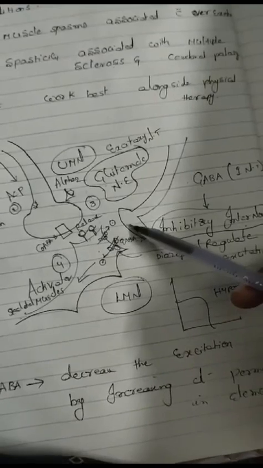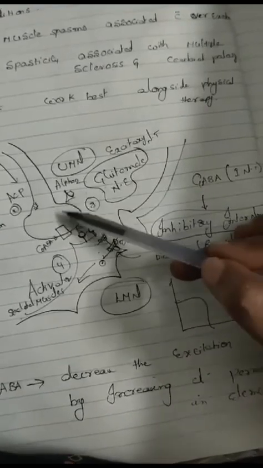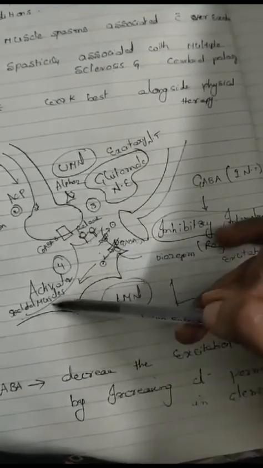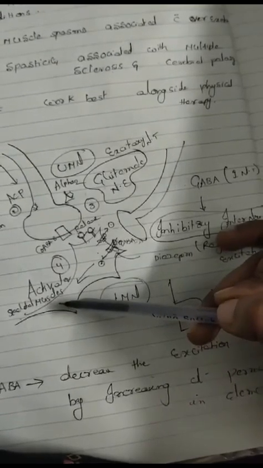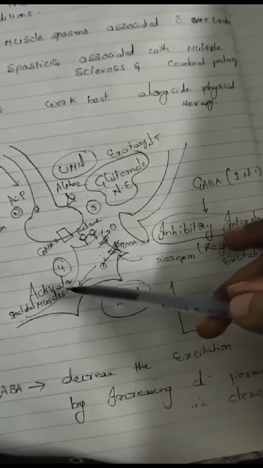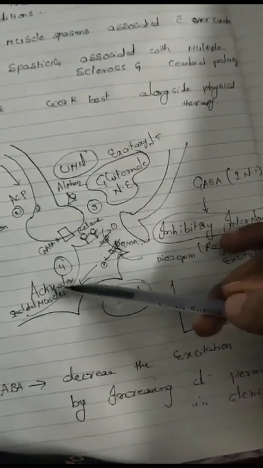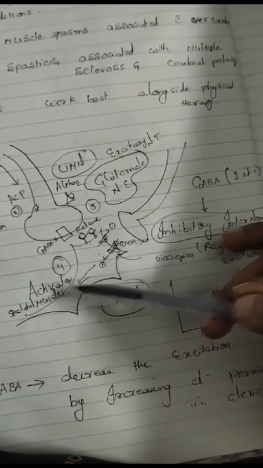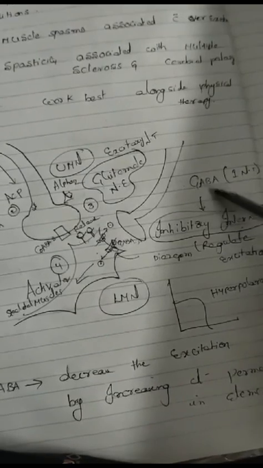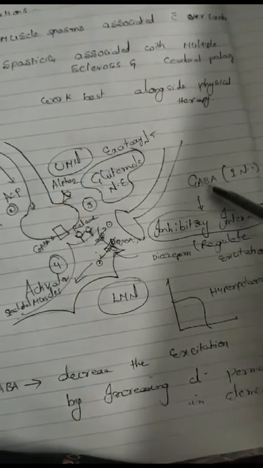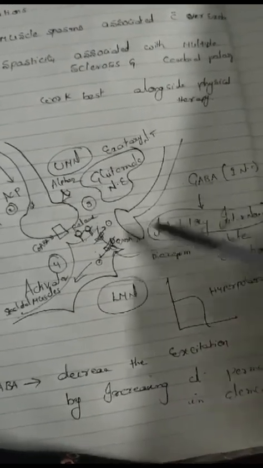GABA is the inhibitory neuron, while these two are the excitatory neurons. The excitatory neurons have already propagated and caused the muscle contraction, but over contraction is also a problem. For that, regulation is taken by the inhibitory interneuron. GABA is the inhibitory neurotransmitter.